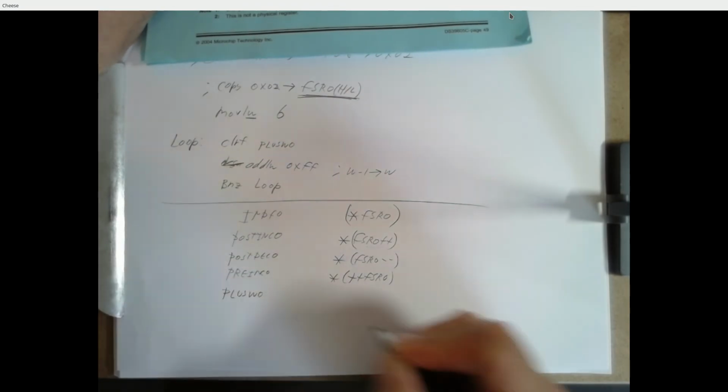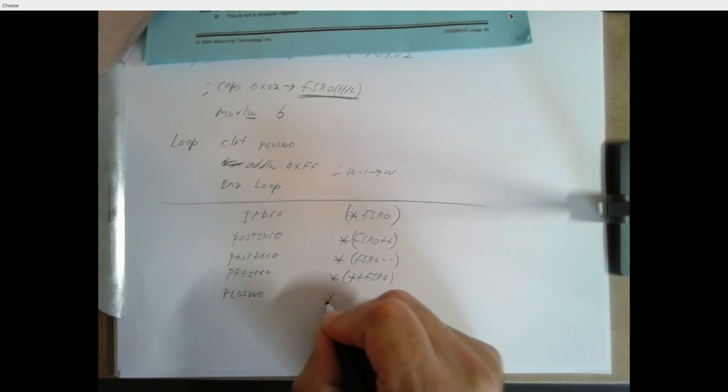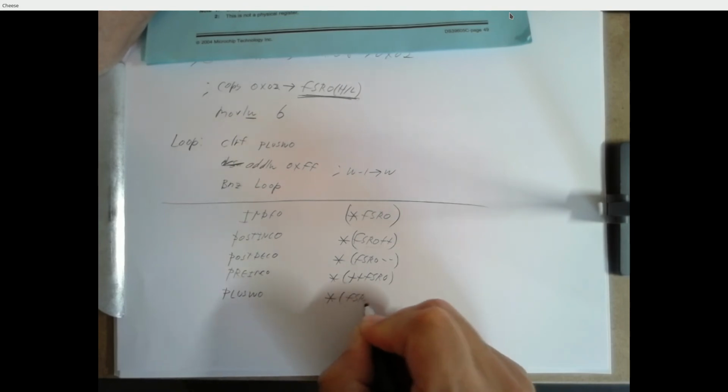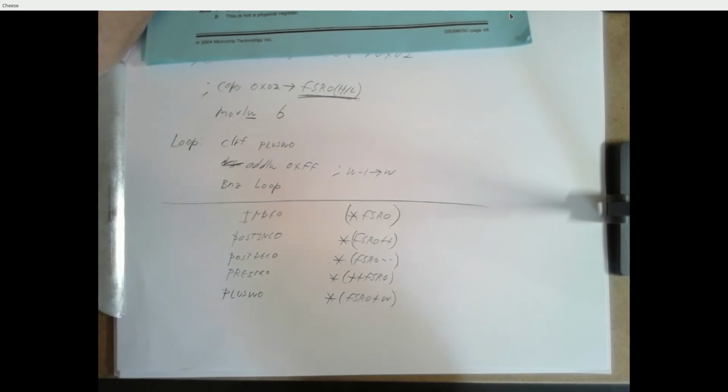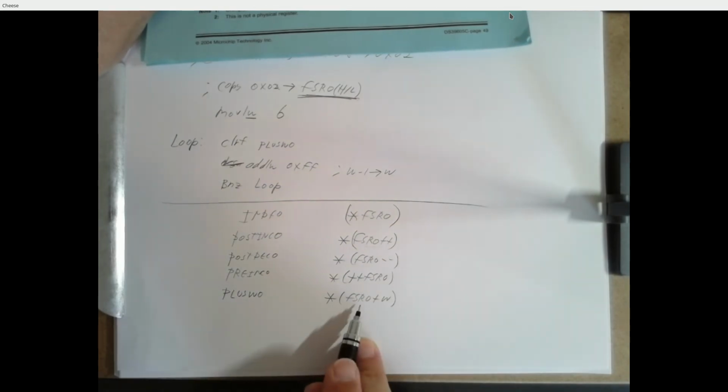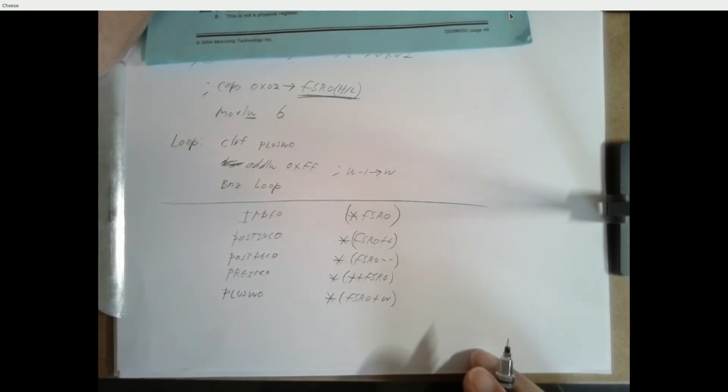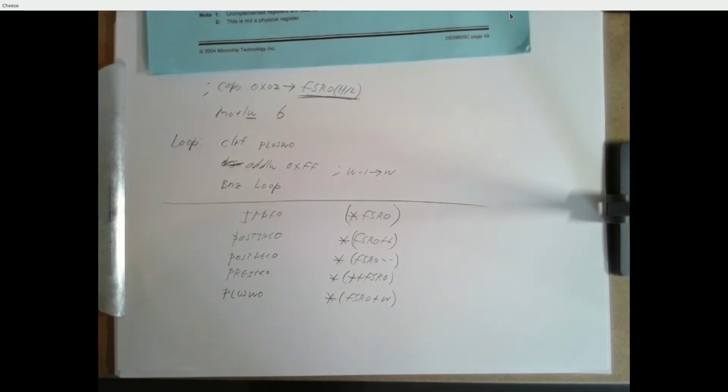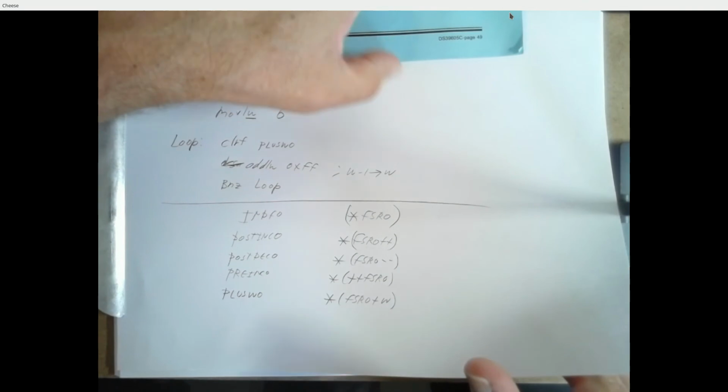And this one can be a little tricky, but PLUSW0 is basically looking at, if we assume everything is 8 bits byte oriented, take the contents of FSR0, add the contents of W, use that as a pointer to the actual operand that we want. So that's how this would translate into C if you're comfortable and happy with the language of pointers and addresses in C.